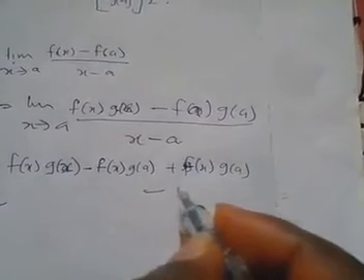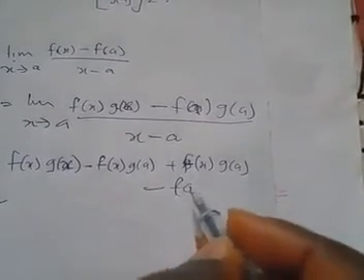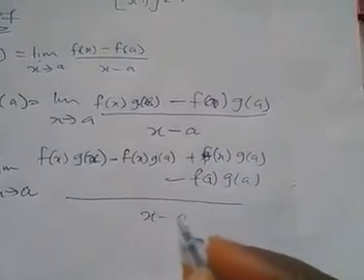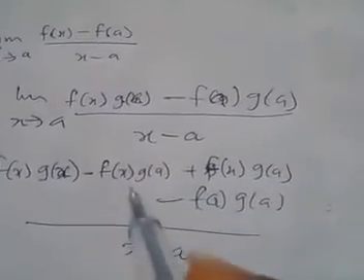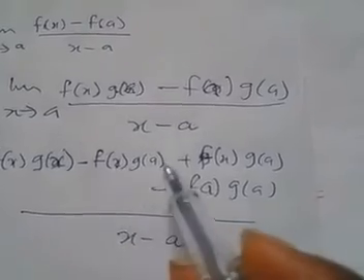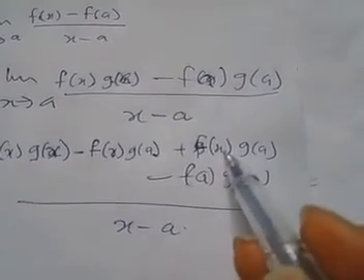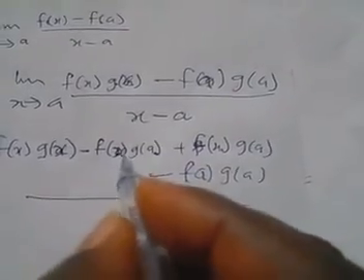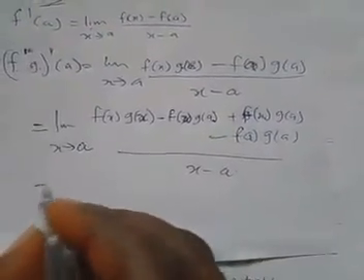We just manipulate there, minus f(a)g(a), divided by s minus a. Now I can decide to change this to f(a)g(s). So anyhow we write it, you get the same proof.